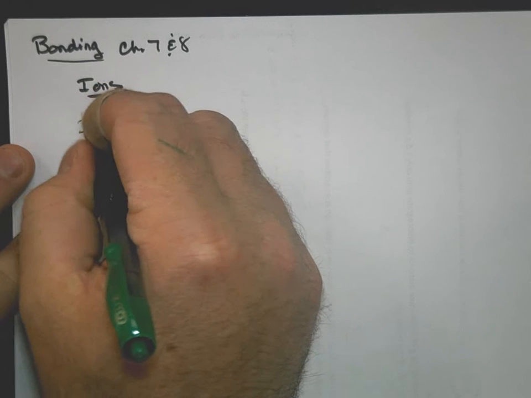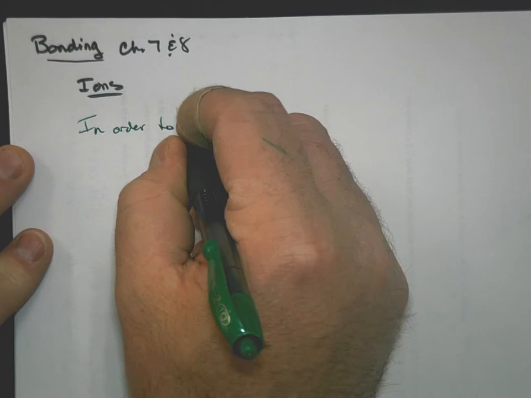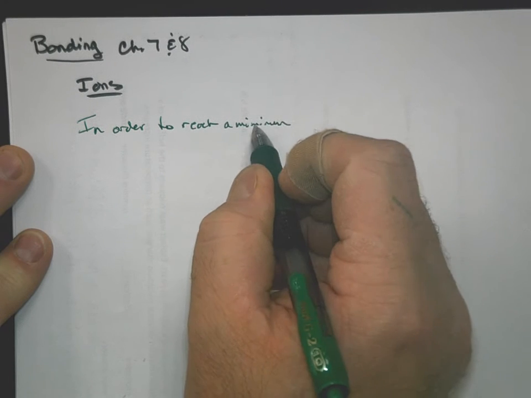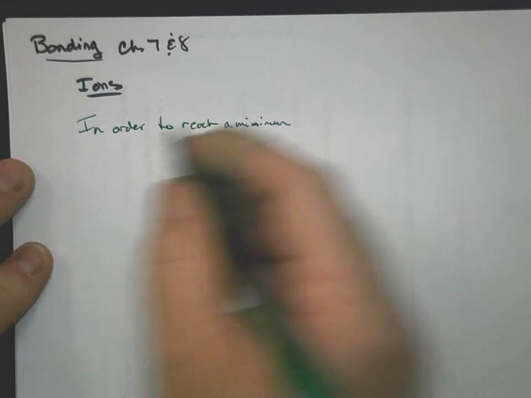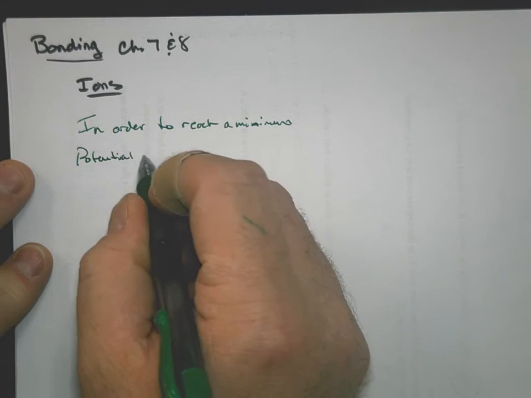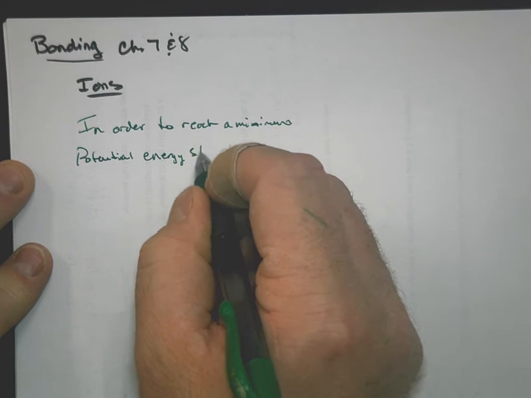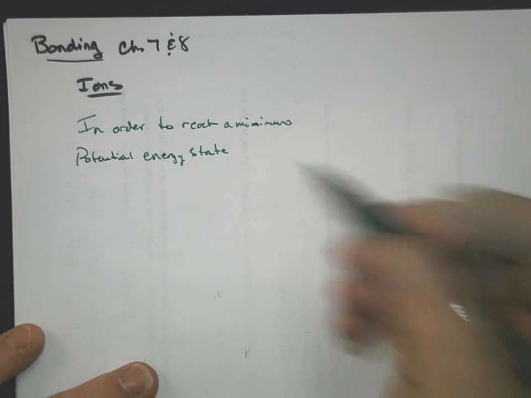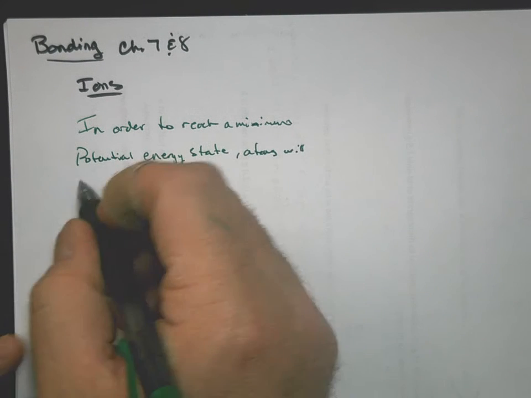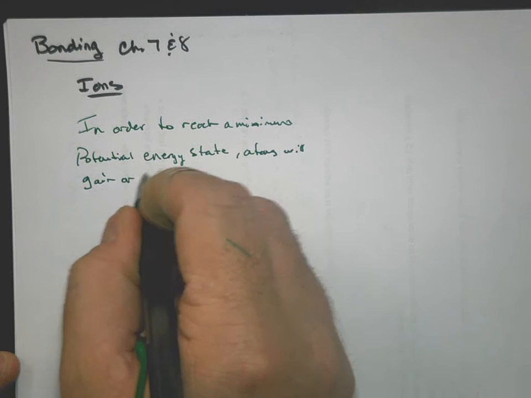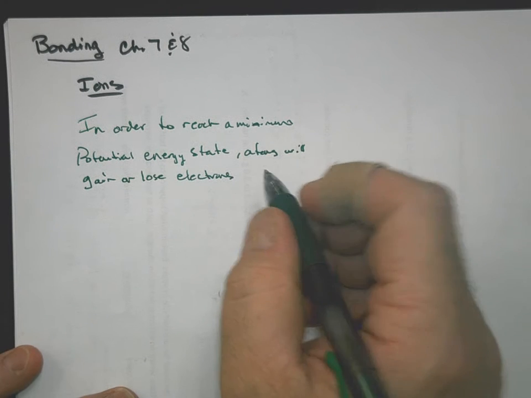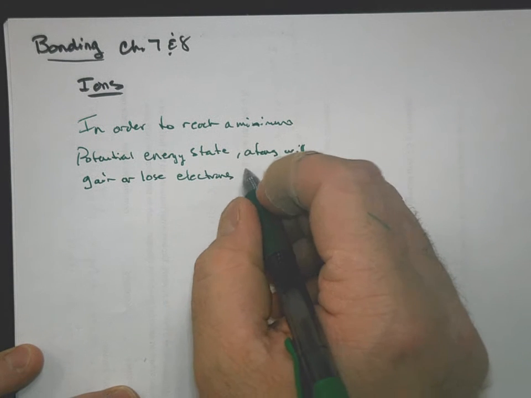In order to reach a minimum potential energy state, atoms will gain or lose electrons to have an electron configuration like that of a noble gas.